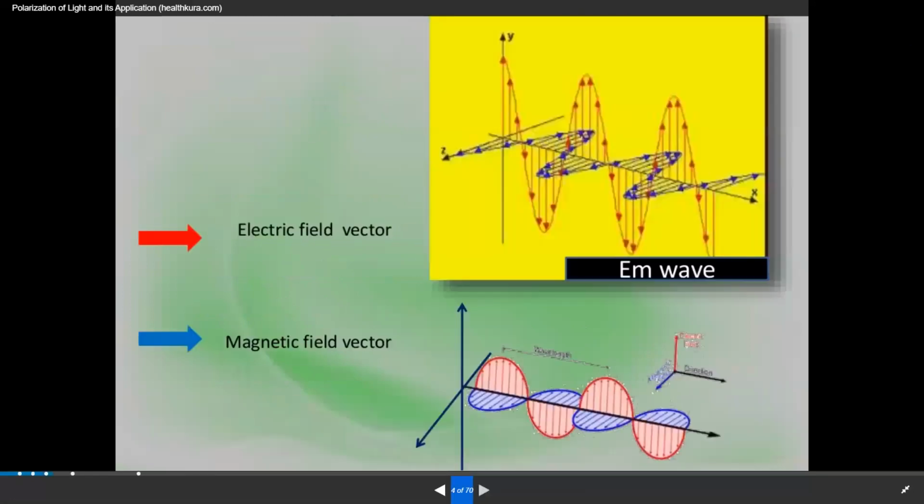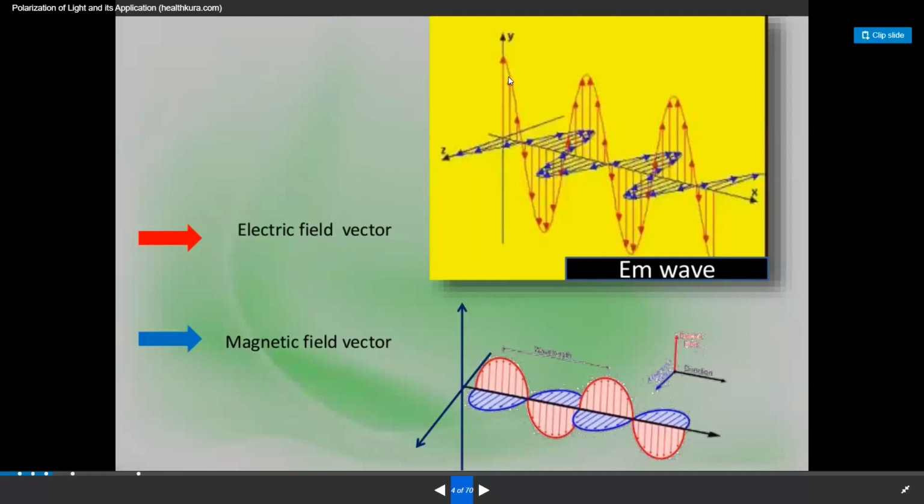That means this is the light wave. The x direction is the propagation of the light wave. Whenever a light wave passes along the x-axis, and this is an electromagnetic wave, at each and every point there are two vectors.